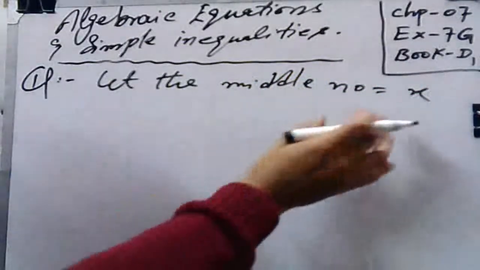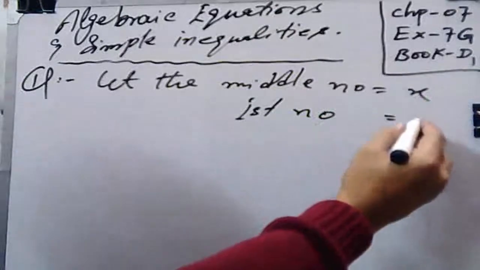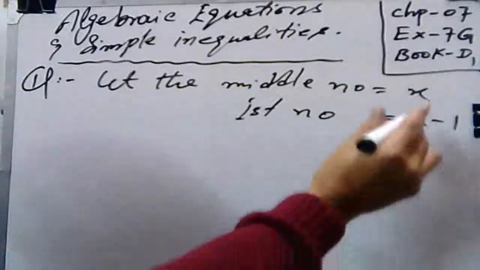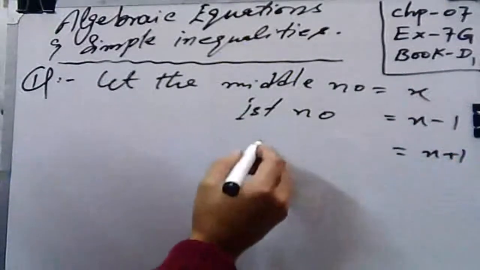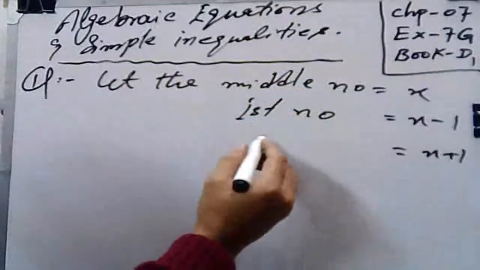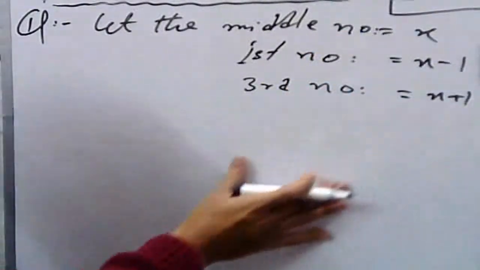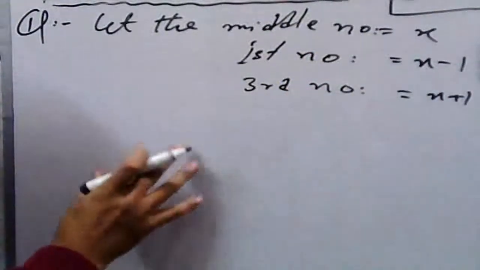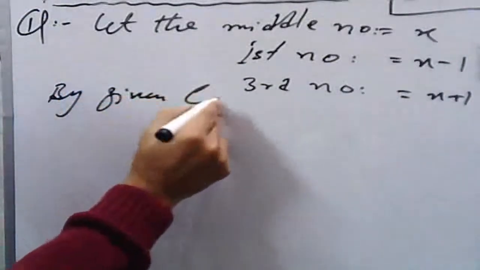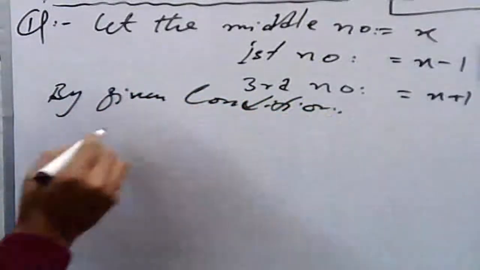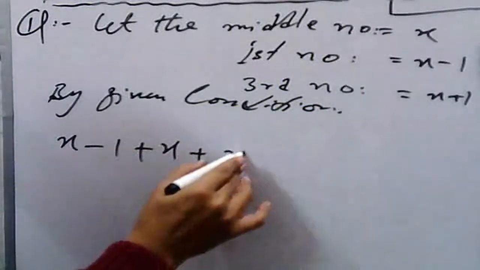The first number, before this, you will get x minus 1, and after x you can write x plus 1. So first number x minus 1, then middle number x, then third number x plus 1.